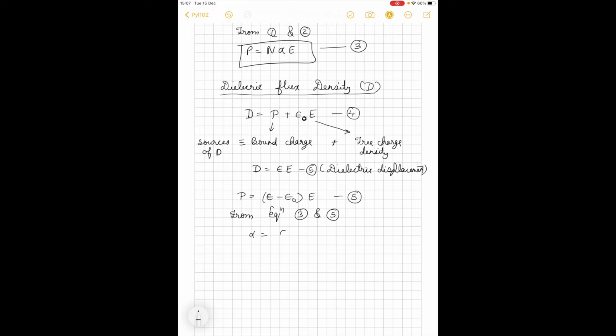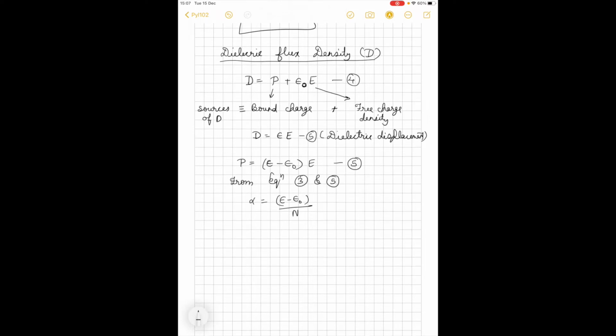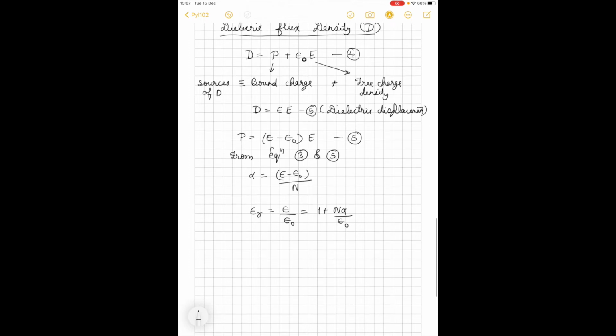This is equal to epsilon minus epsilon naught divided by N. Okay, so we can rewrite this equation, which will be something like epsilon r is equal to epsilon divided by epsilon naught is equal to 1 plus N alpha divided by epsilon naught. So epsilon r is basically the relative permittivity. Okay, so this is our final equation.